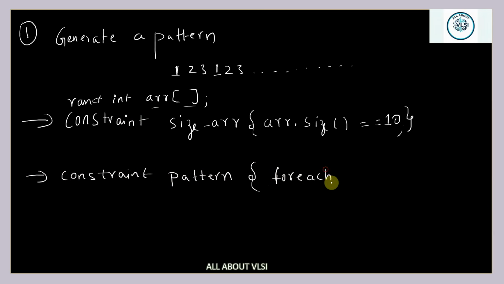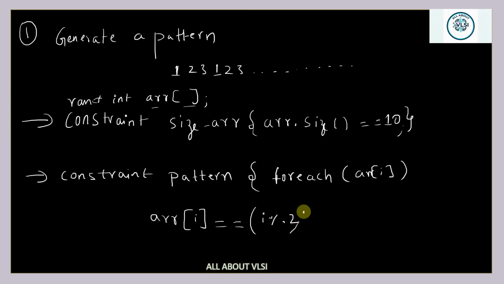For each of ARR of I, I'm going to write ARR of I equal to I percentage 3 plus 1. It will basically generate this particular pattern.